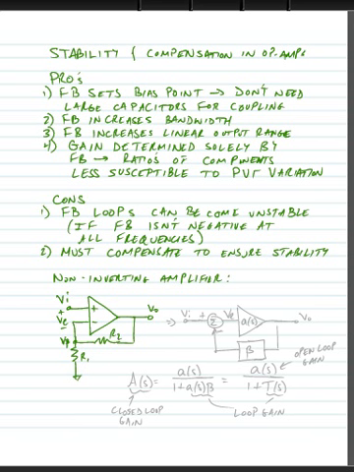And that we can represent this as a control system where we have an operational amplifier with a gain of a of S, and we have a feedback circuit that's subtracted from the input signal to create an error voltage that is fed into that amplifier.